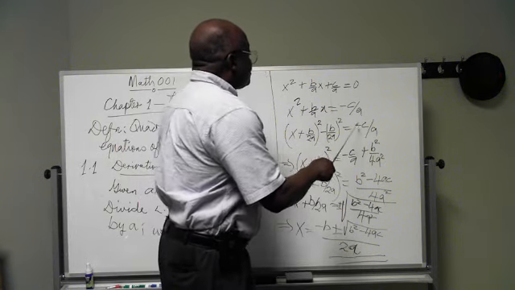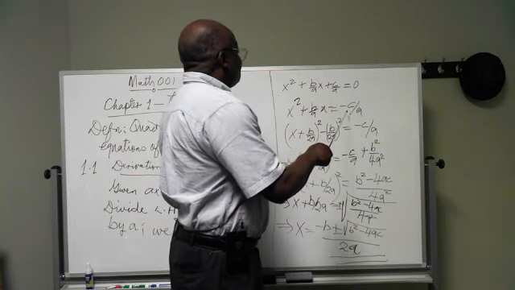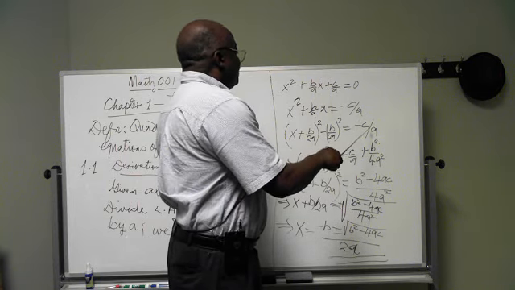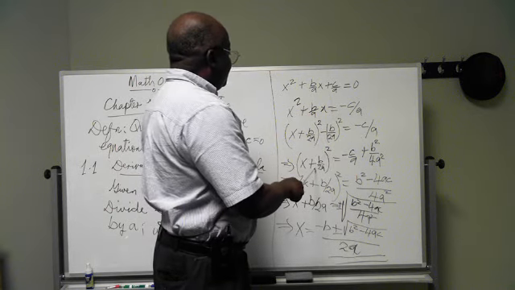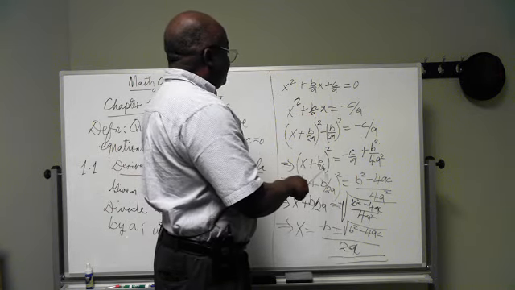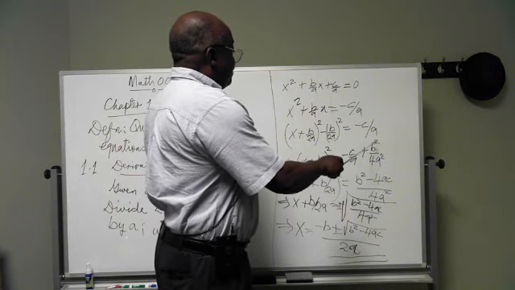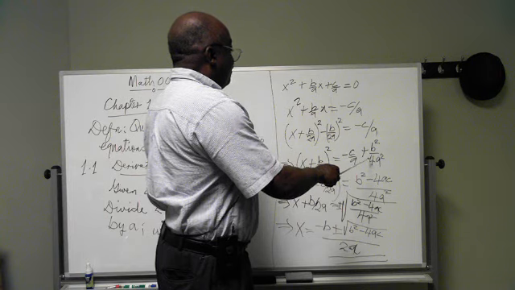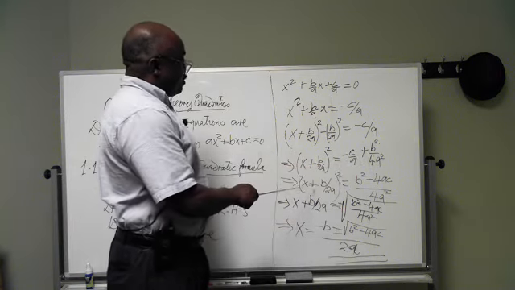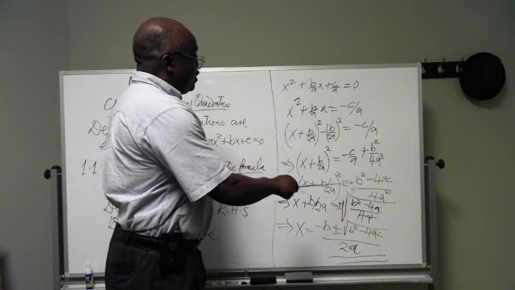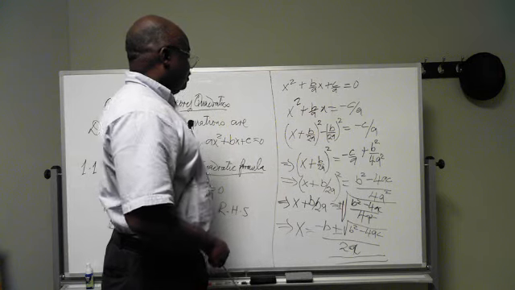Now we transpose the constant term to the right hand side of the resulting equation. We have x plus b over 2a all squared is equal to minus c over a plus b squared over 4a squared, which implies x plus b over 2a all squared equals b squared minus 4ac over 4a squared.